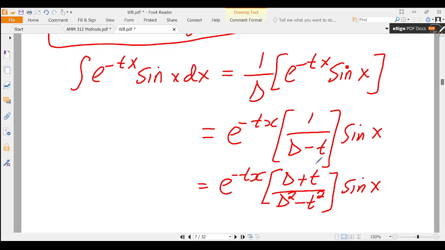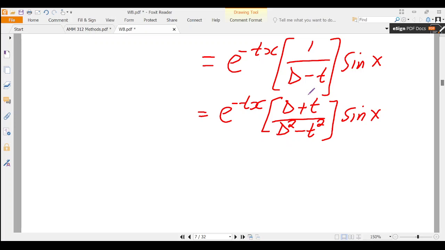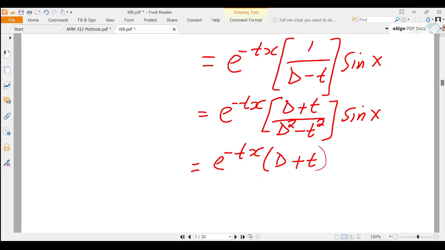we can first multiply the numerator and the denominator by the conjugate of the denominator. So we get this quantity here. And this will give us e raised to power negative tx, then we have D plus t divided by minus 1 minus t squared, sine of x.